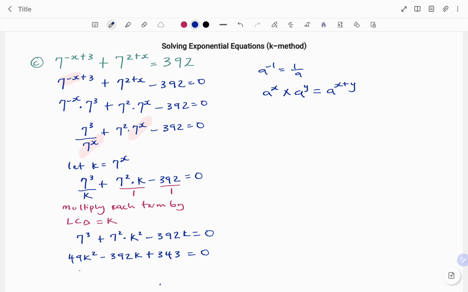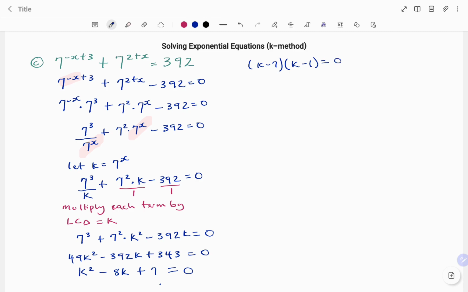My new equation becomes k squared minus 8k plus 7 equals 0, because I already moved my terms to one side. Factorizing k squared minus 8k plus 7, I have k minus 7 and k minus 1 equals 0.